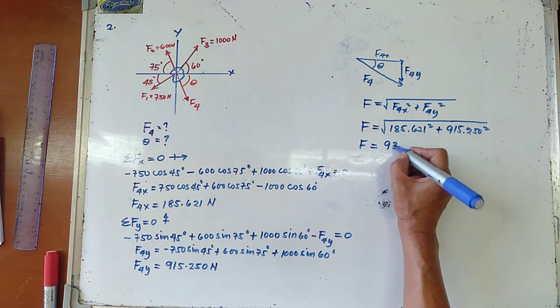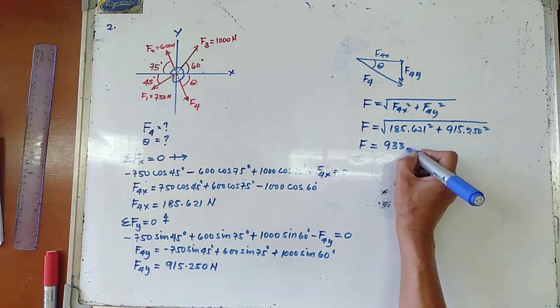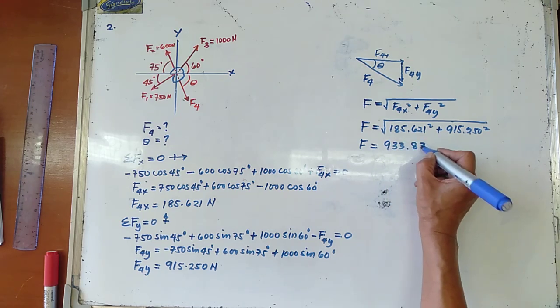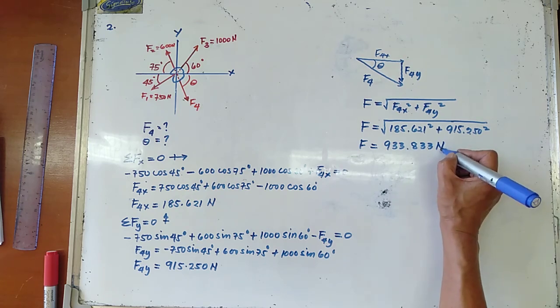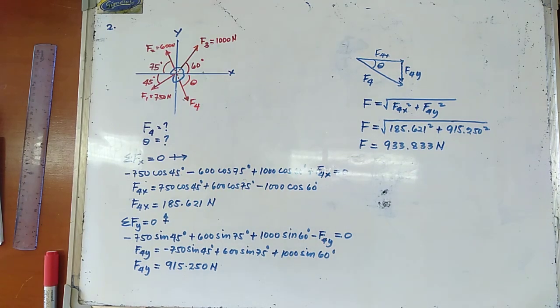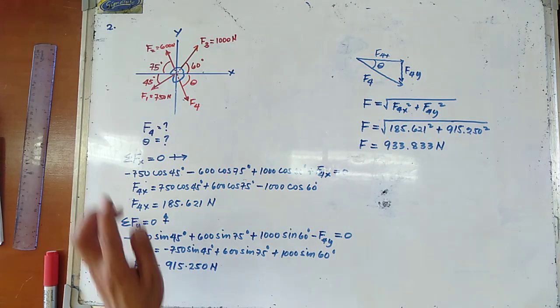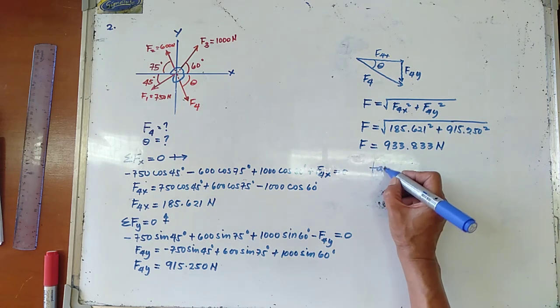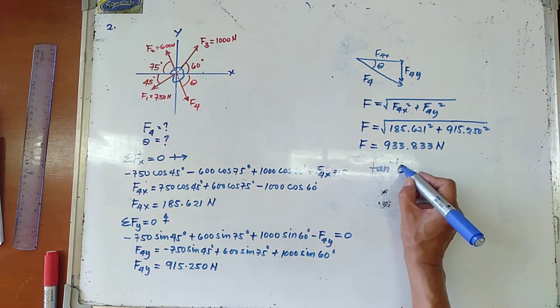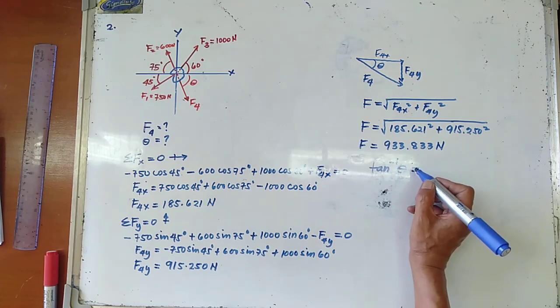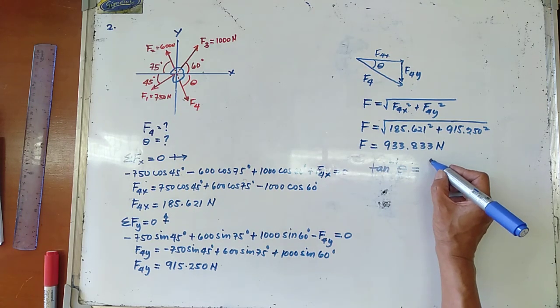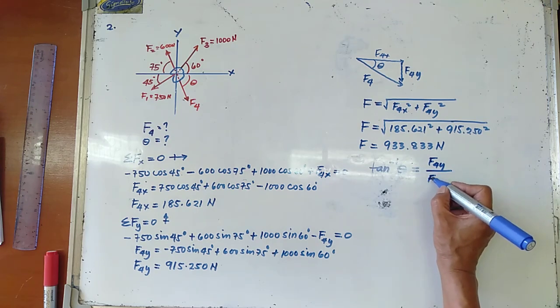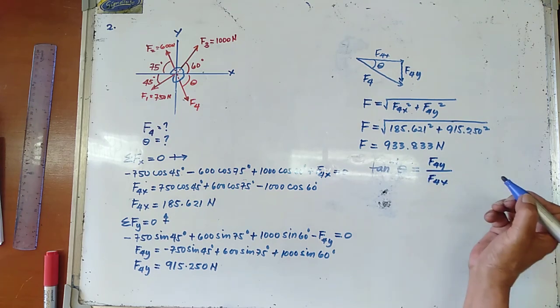So your F is now equal to 933.833 newtons. Again, to determine the direction angle theta, we have arc tangent of theta is equal to F4y all over F4x.